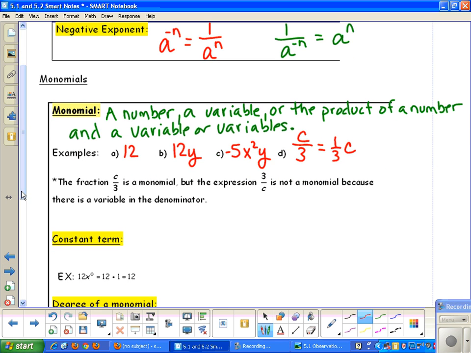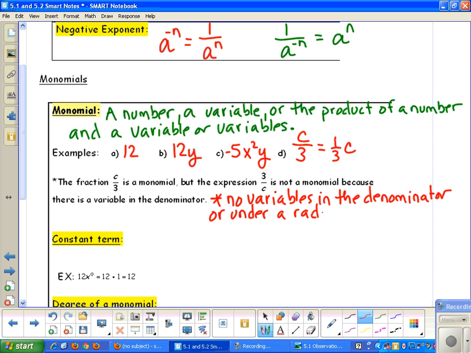So I'm going to just make a note of that. So no variables in the denominator or under a radical. So that's very important to make sure that you know that.